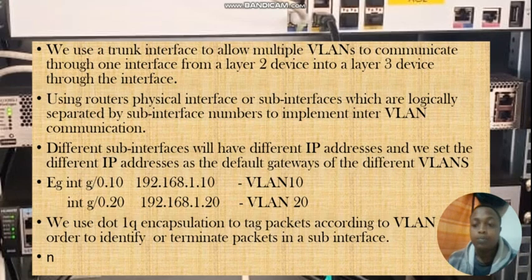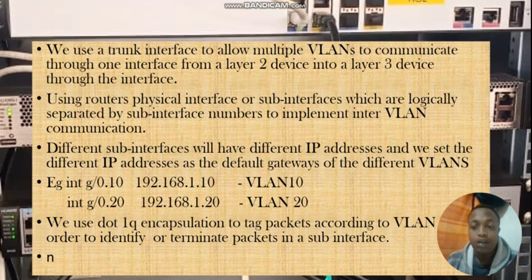For example, if you had a gigabit interface, that is gigabit 0, we're going to divide it into gigabit 0.10, that is for VLAN 10, and gigabit 0.20, that is for VLAN 20.